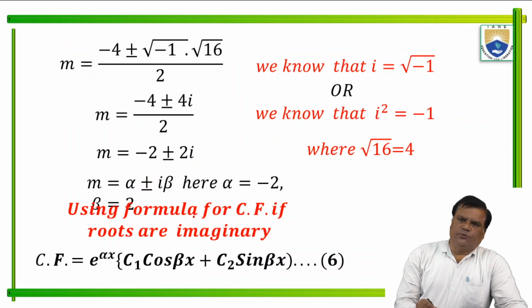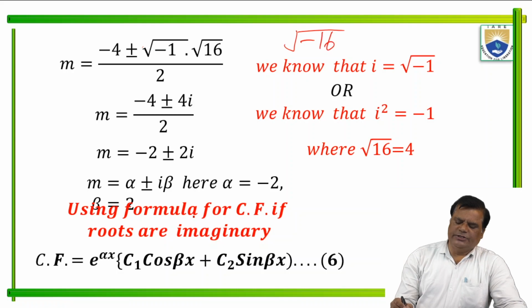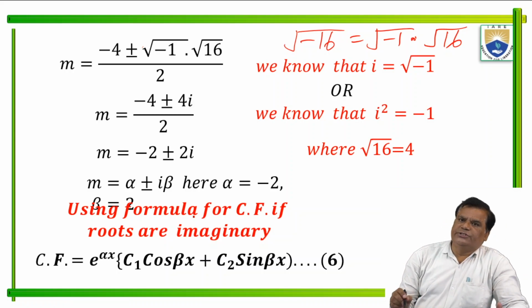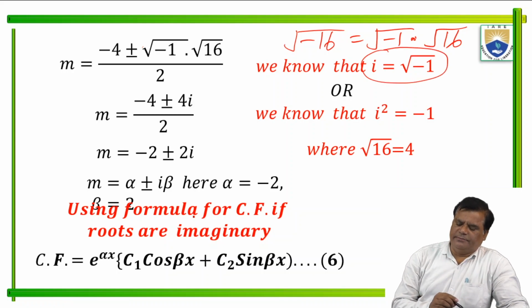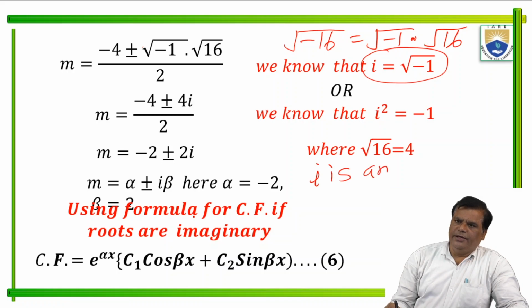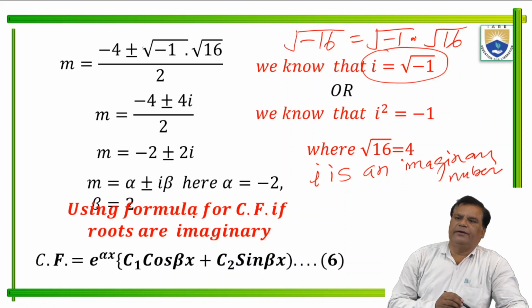m equals minus 4 plus minus under root minus 16. I am writing minus 16 as root minus 1 into root 16. Root minus 1 is i, and i is an imaginary number, known as iota.